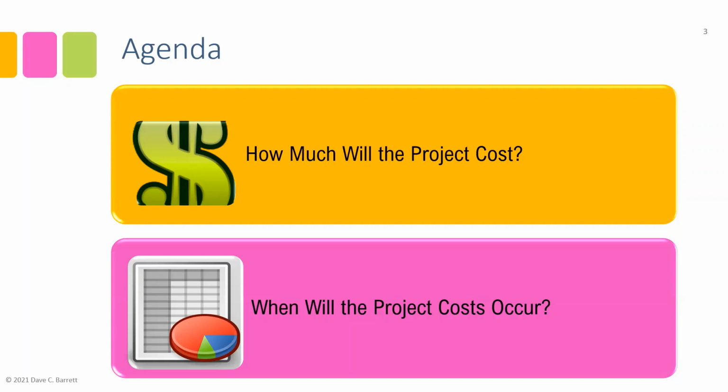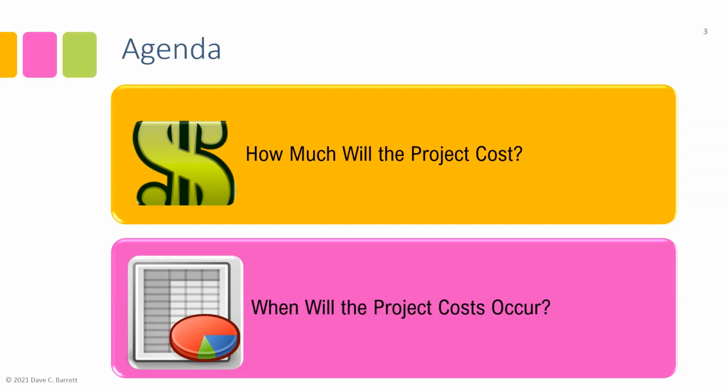That's perhaps the amount that's been budgeted, the amount available, but it may not be what the project will actually cost based on the scope defined and other factors. So part of budget planning is defining how much the project will cost, or will be planned to cost.